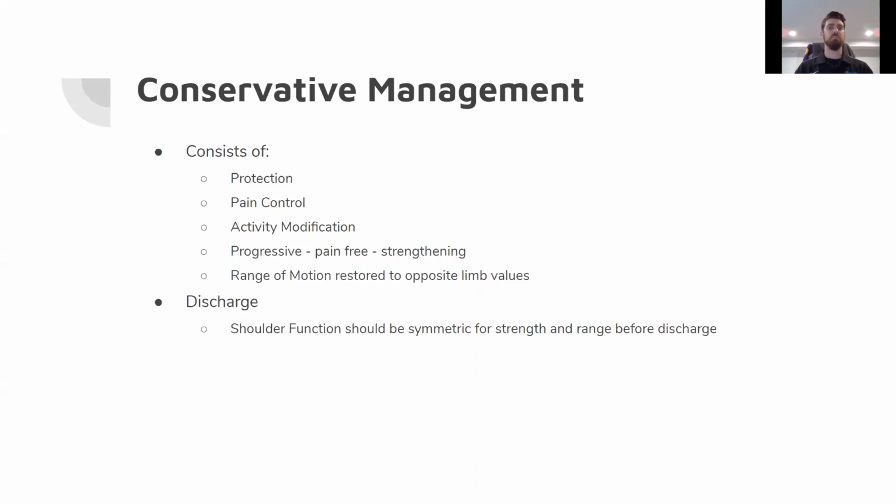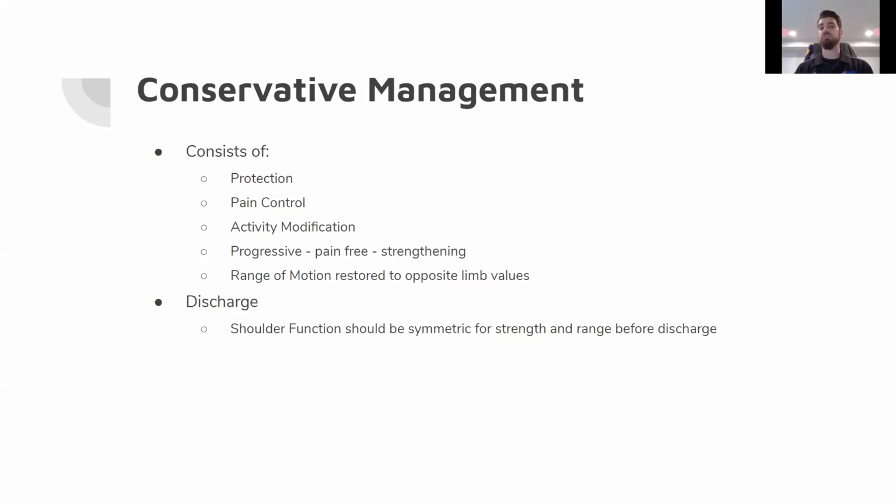It consists of protection of the AC joint, pain control, activity modifications to limit the stress on the AC joint, progressive pain-free strengthening to start off, and then range of motion needs to be restored to the opposite limb value. So if you can get 180 degrees with one arm, you need to be able to get 180 degrees on the other side.